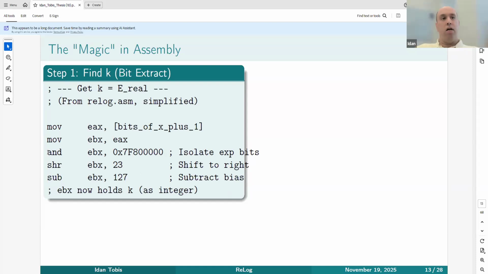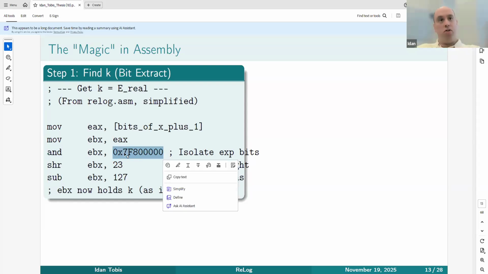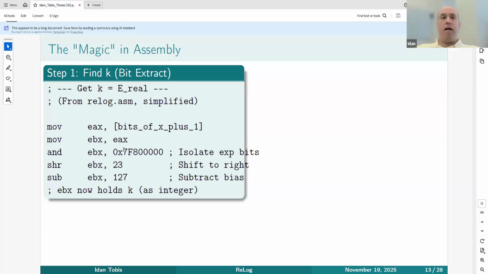Basically, k is found when you do the AND command with the first 8 bits being 1. So again, in this representation, the least significant 23 bits are the mantissa, and the next 8 are the exponent. And of course, we have 1 bit for the sign.